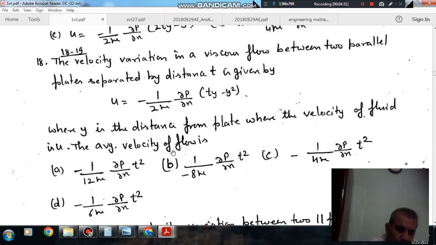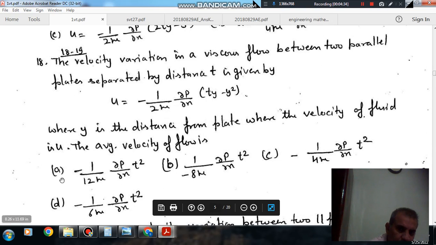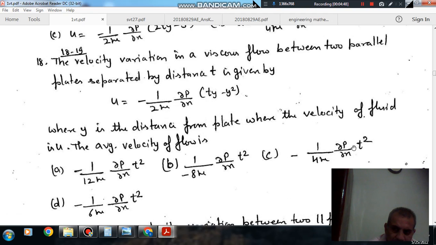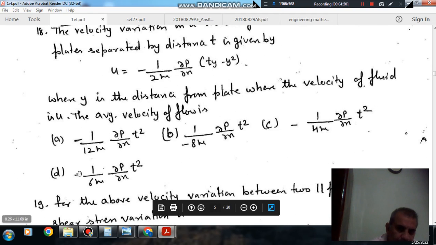The average velocity of flow is: option A, -1/(12μ) ∂p/∂x t². Option B, -1/(8μ) ∂p/∂x t². Option C, -1/(4μ) ∂p/∂x t². Option D, -1/(6μ) ∂p/∂x t².